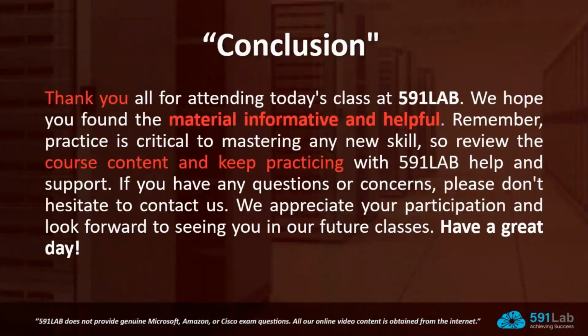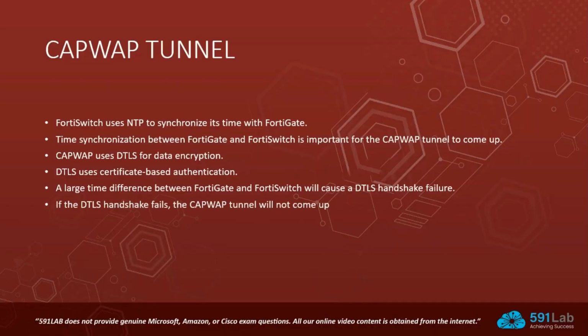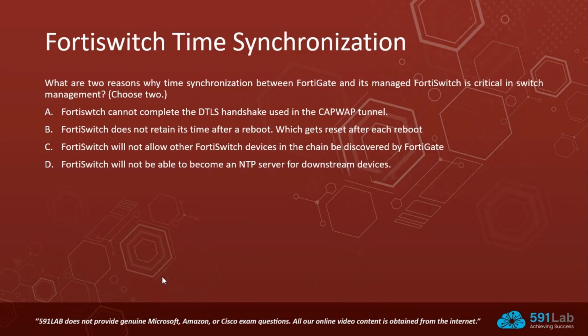Okay, now let's move back to the question and find out what is the correct answer. Answer A. FortiSwitch cannot complete the DTLS handshake used in the CAPWAP tunnel. Now you know this answer is correct. Answer B. FortiSwitch does not retain its time after reboot, which gets reset after each reboot.